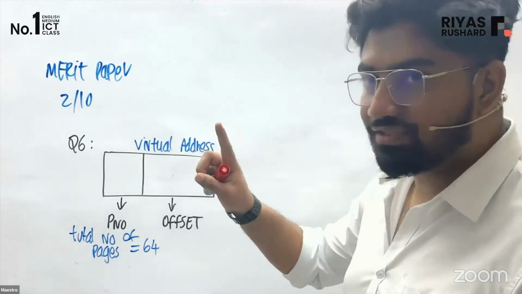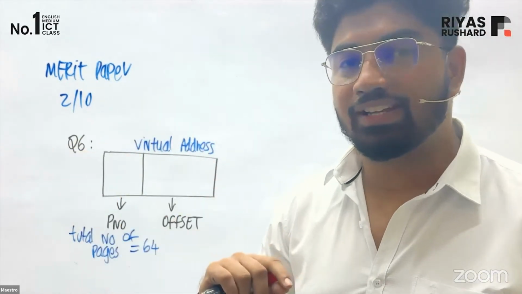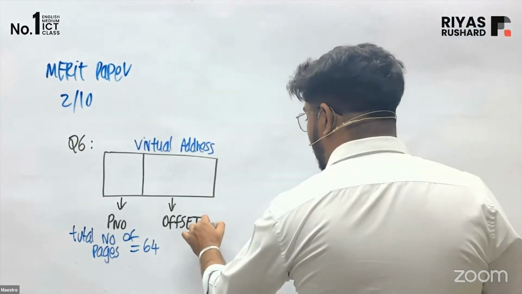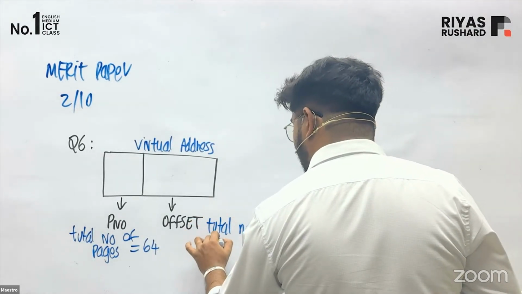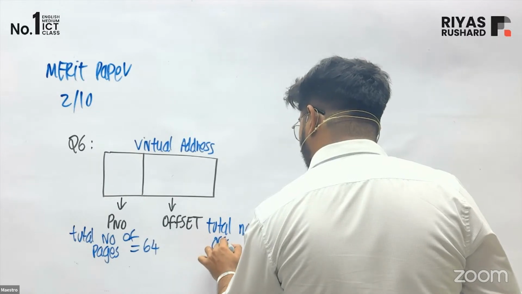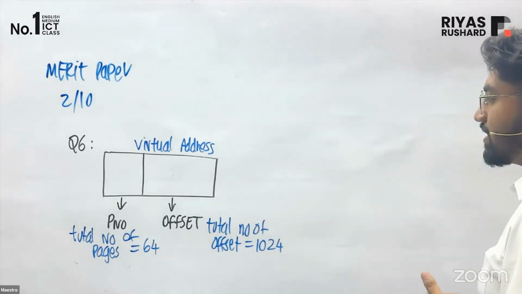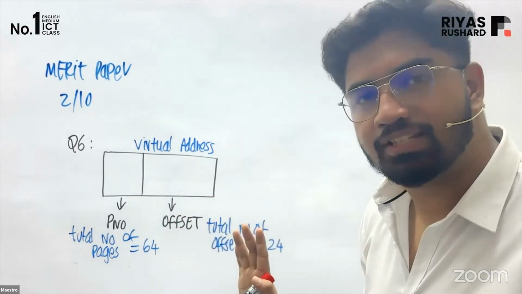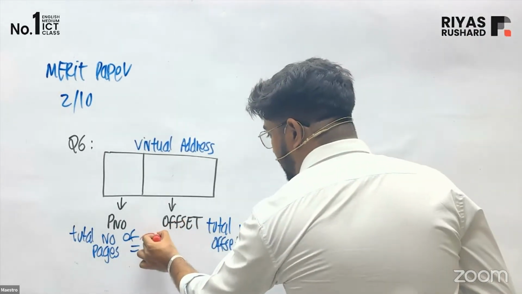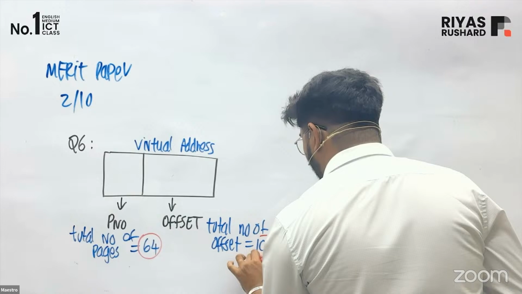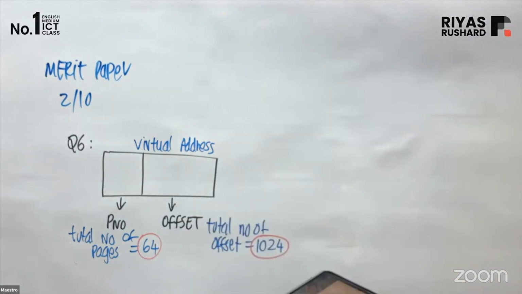Offset starts from 0 and goes till 1023. So the total number of offsets is 1024. Let's represent these two in terms of bits. 64 and 1024. So with this image, you get that information.